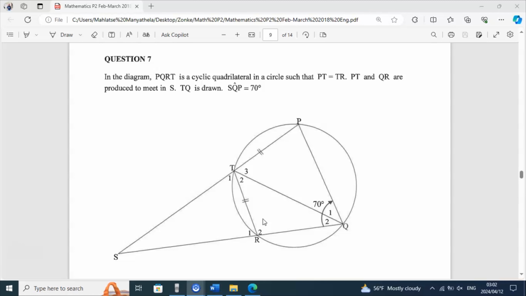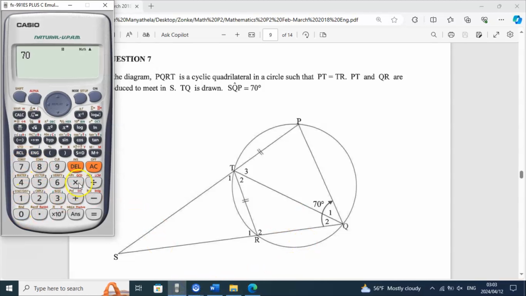So if angle SQP is equal to 70 degrees, angle Q1 and angle Q2 will each be half the size of angle SQP. So angle Q1 will be half of 70 degrees, that is 70 degrees multiplied by 1 over 2, because TQ bisects angle SQP.